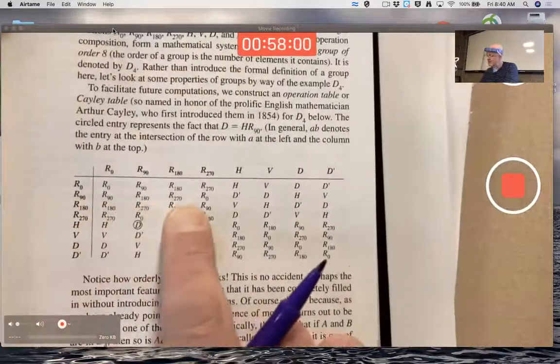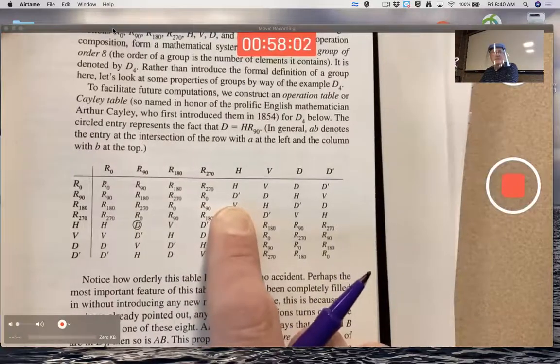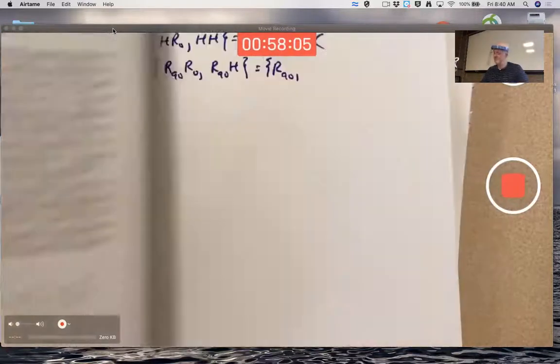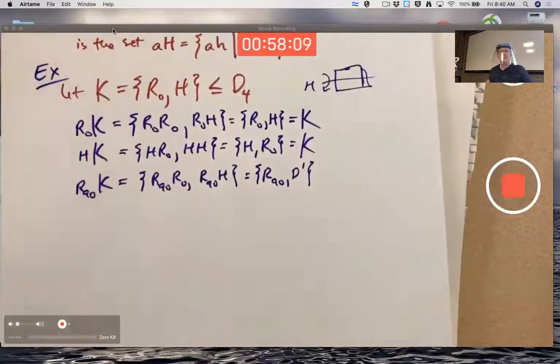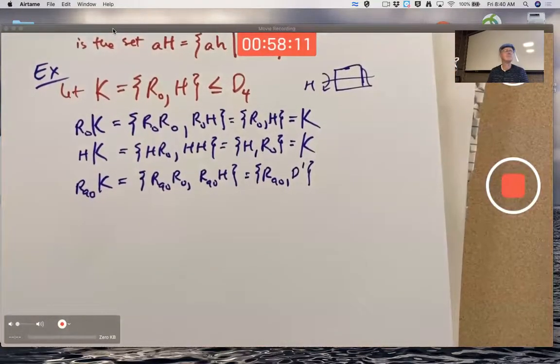R90 composed with H is D prime. Not equal to K. Not even a subgroup, right? Doesn't even have the identity in it. Cosets are usually not subgroups, even when H itself is a subgroup.